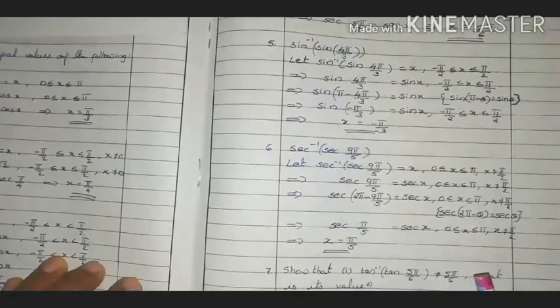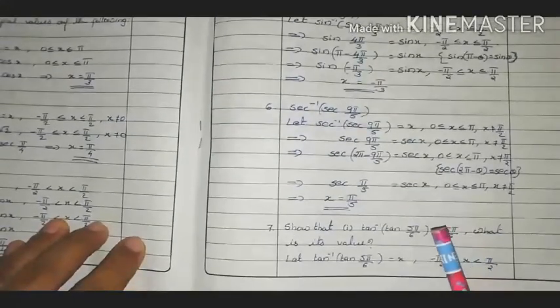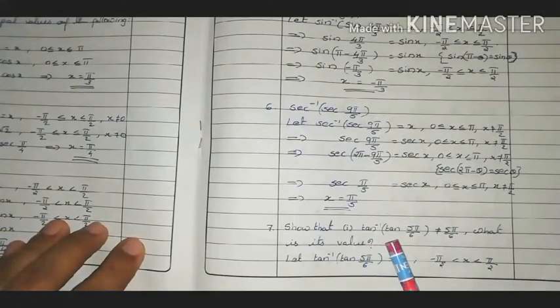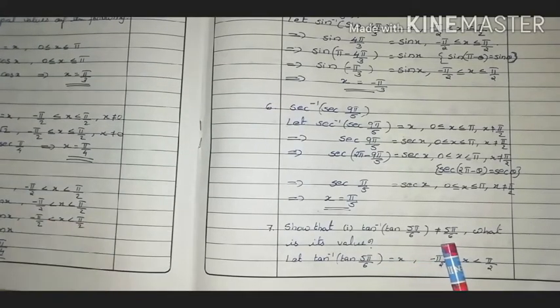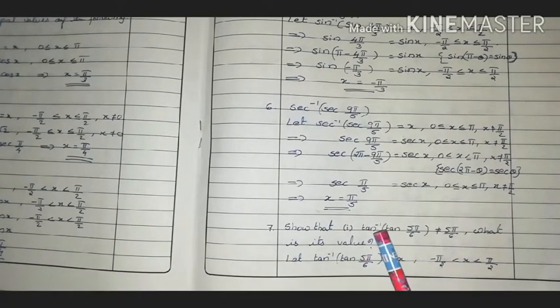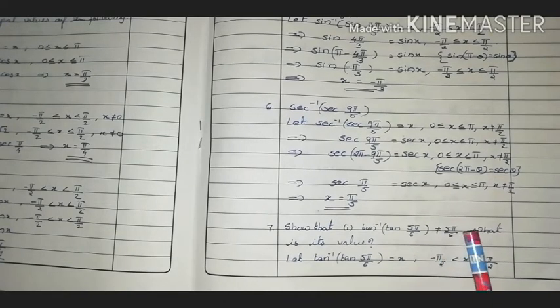Next question. Show that tan inverse tan 5 pi by 6 is not equal to 5 pi by 6. What is its value? You can find one value from its principal values, that is what we want to find. Same procedure.